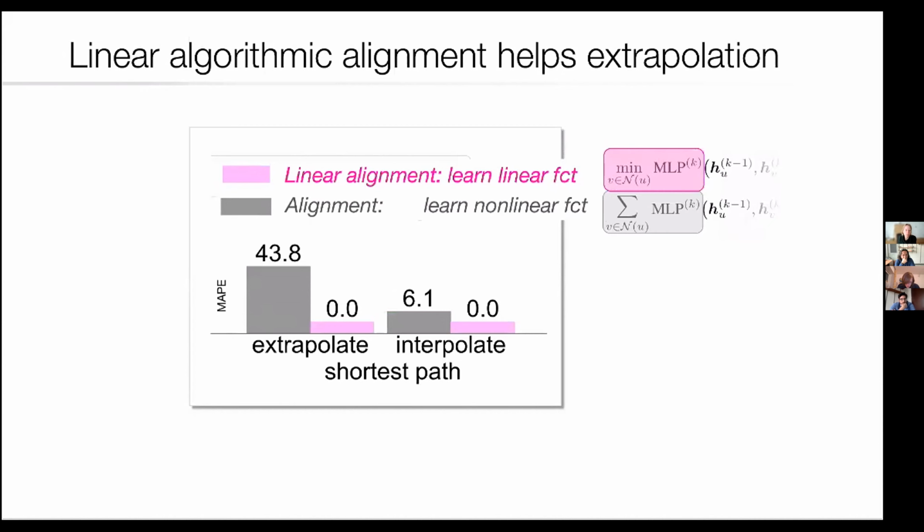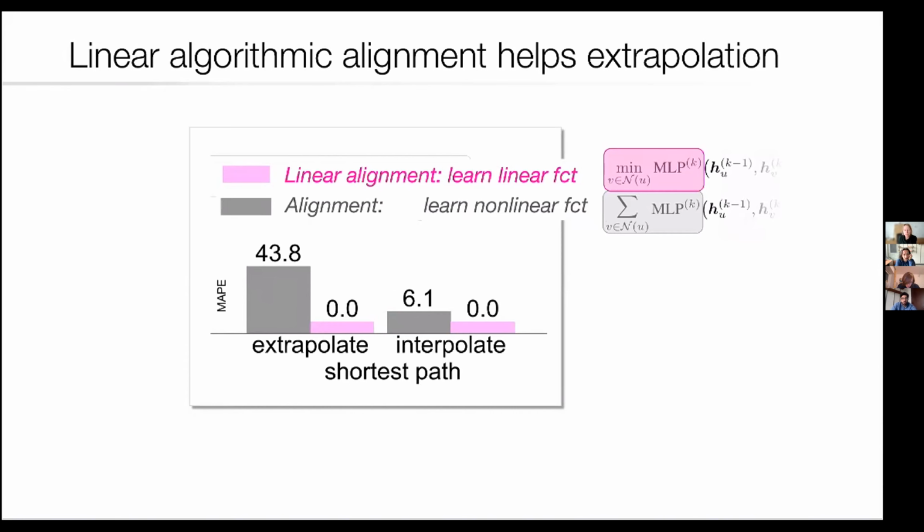Both of them get small error, and both are able to generalize fine. But when you look at extrapolation, that's when you see the difference. For extrapolation, you are fine with a linear function, but you're not fine with a nonlinear function. So that's where the linear extrapolation of the ReLUs kicks in. In the extrapolation setting we see the difference, while in the interpolation setting both generalize fine.